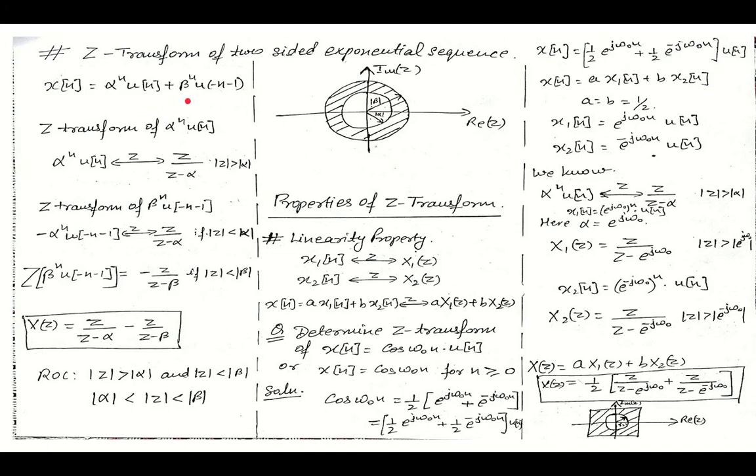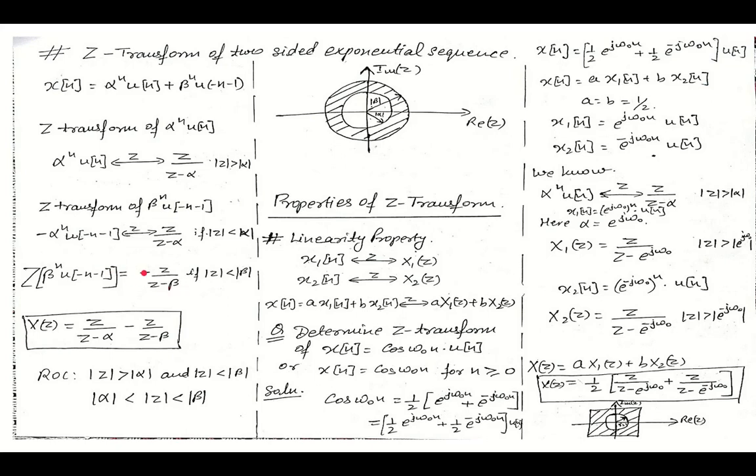Now here if we check the z transform of alpha to the power n u of n, it will be z upon z minus alpha, where mod z should be greater than mod alpha, and the z transform of beta to the power n u of minus n minus 1 will be minus of z upon z minus beta.